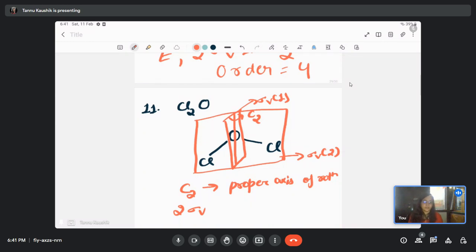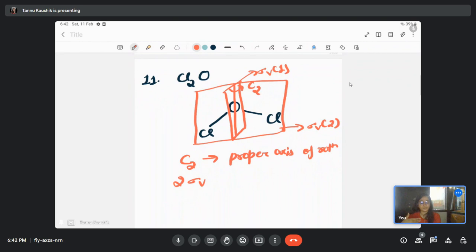So you can have a rough idea of proper axes of rotation. Basically, there are certain geometries, like PF5. If you have trigonal bipyramidal geometry, you can find out if it has this C3 axis of rotation and all. So you have to first find out the geometry the molecule has.